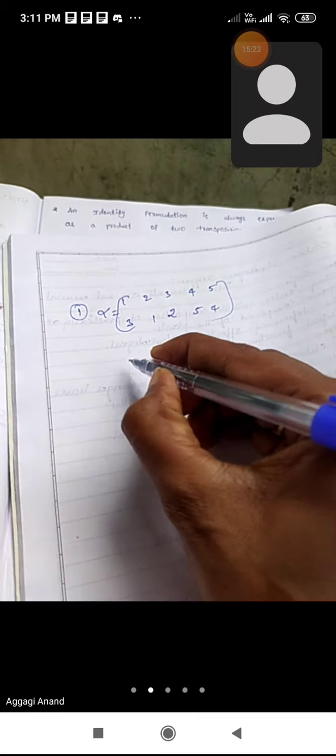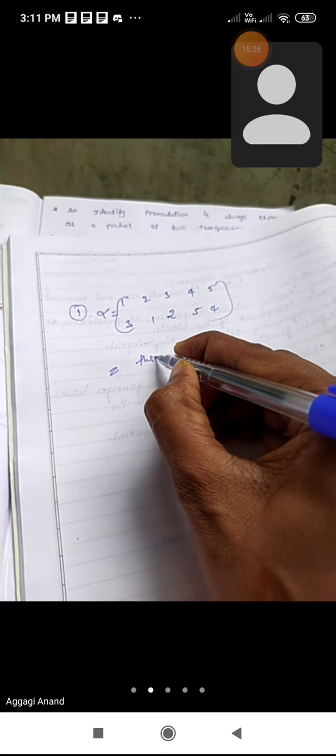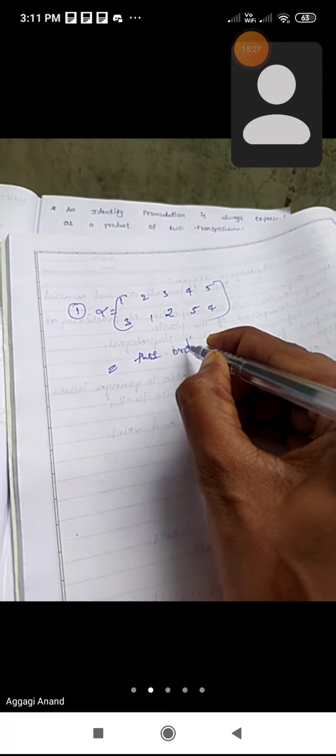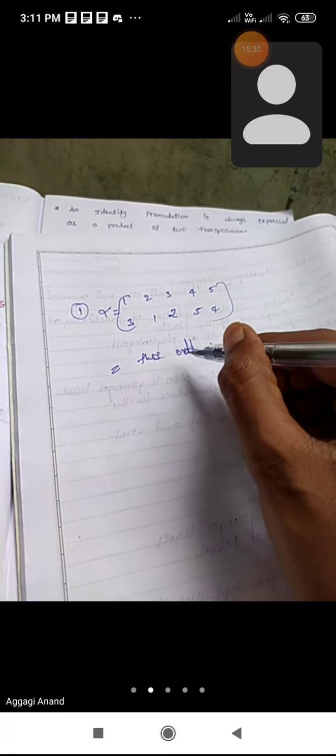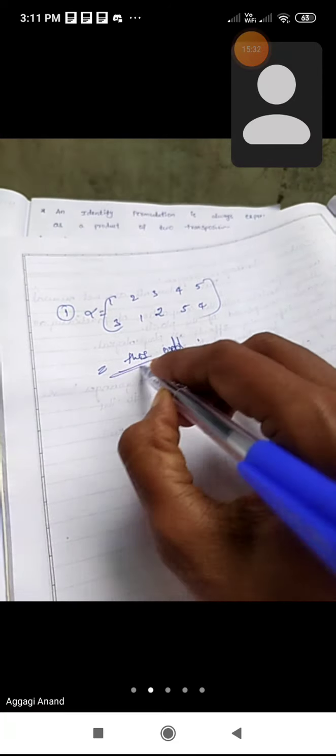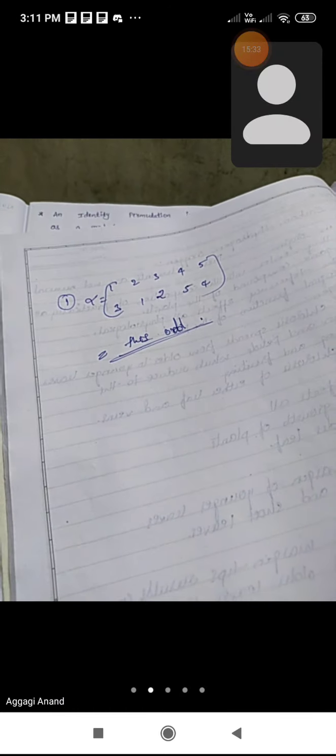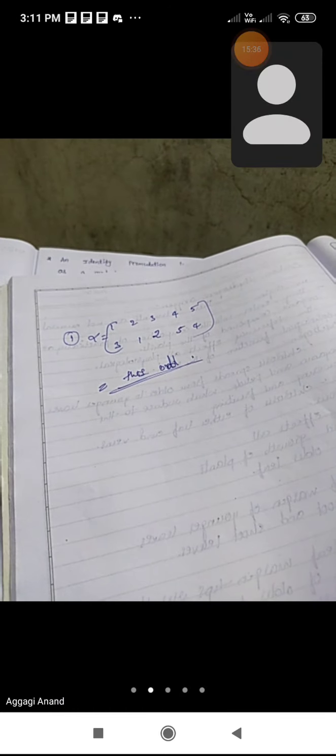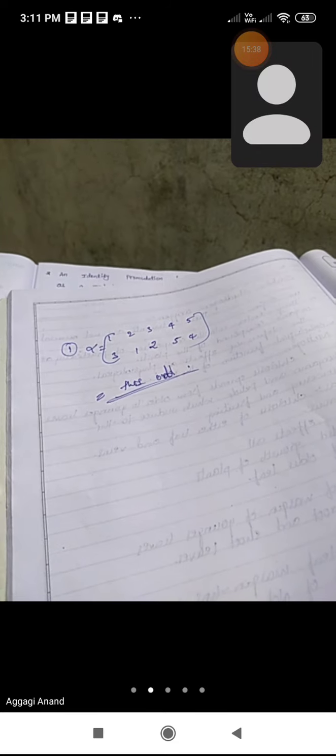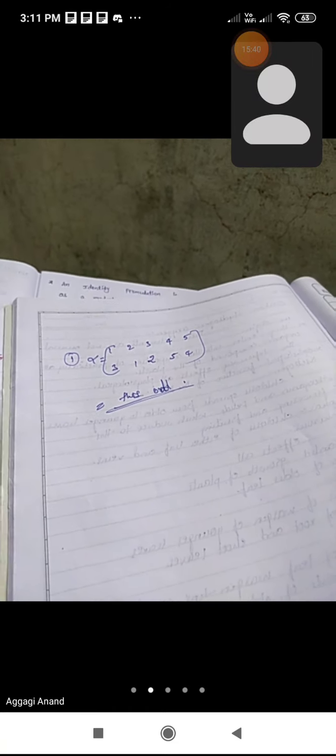Is this an even permutation or odd? Check it. Which is an even permutation or odd permutation? Anyone?